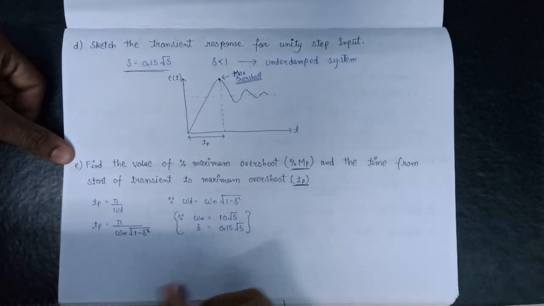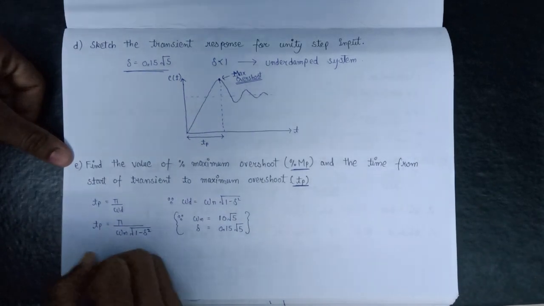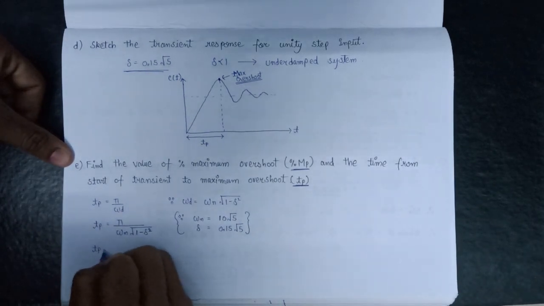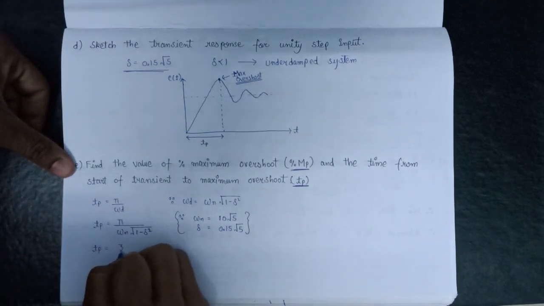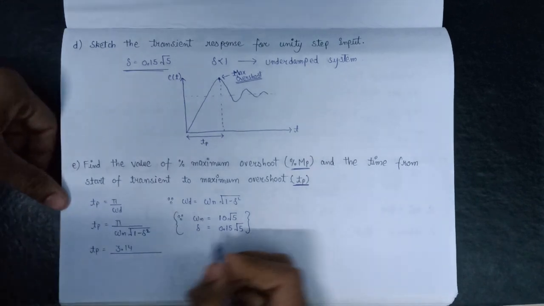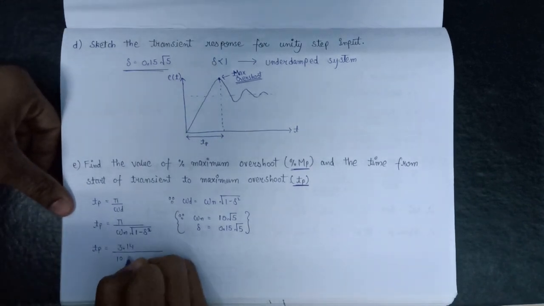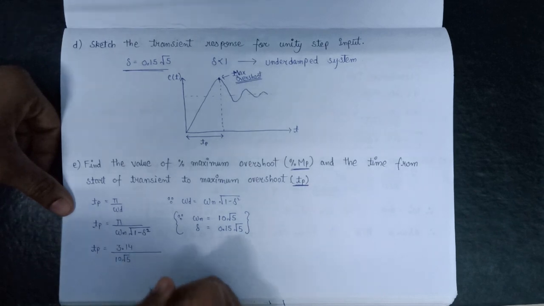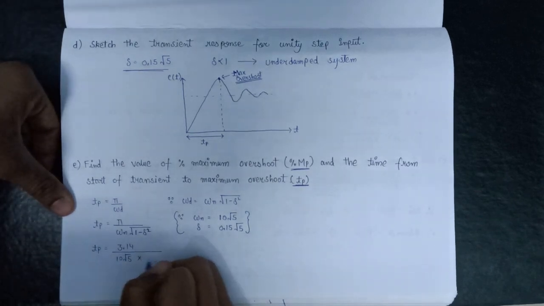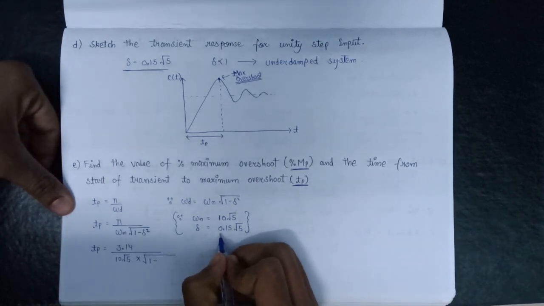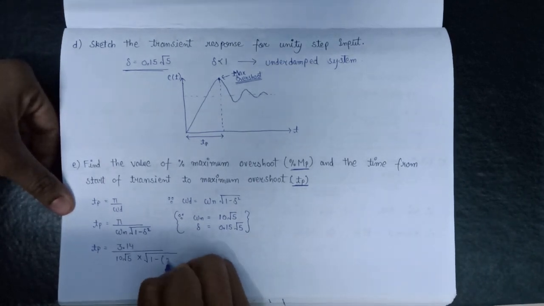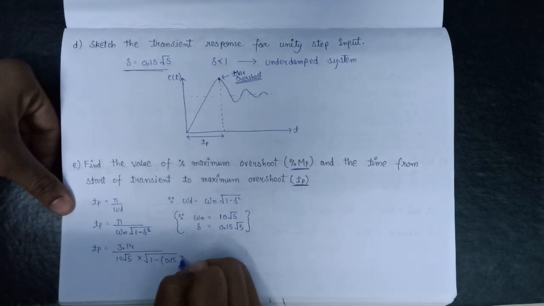So substituting the values in the expression, we get T of P will be equal to pi, which is 3.14, divided by omega n, which is ten under the root 5, multiplied with under the root 1 minus square of this 0.15 root 5.